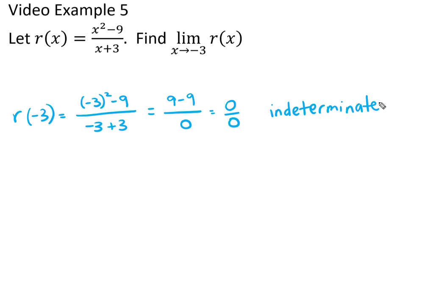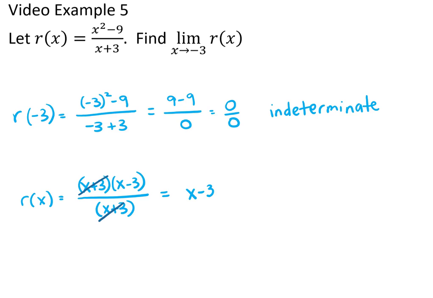Sometimes we can do this through algebraic simplification. That is, if you look at r of x, and we factor the numerator, we realize that algebraically, if I simplified it, it's going to be the same as x minus 3 everywhere, except for when x is equal to negative 3.